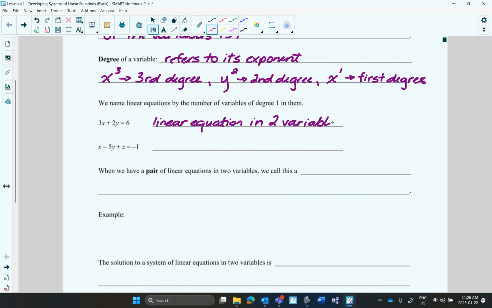Highest exponent is 1, we don't have to write it. Okay. What would this one be? A linear equation because the highest degree for all the variables is 1, but how many variables? 3.